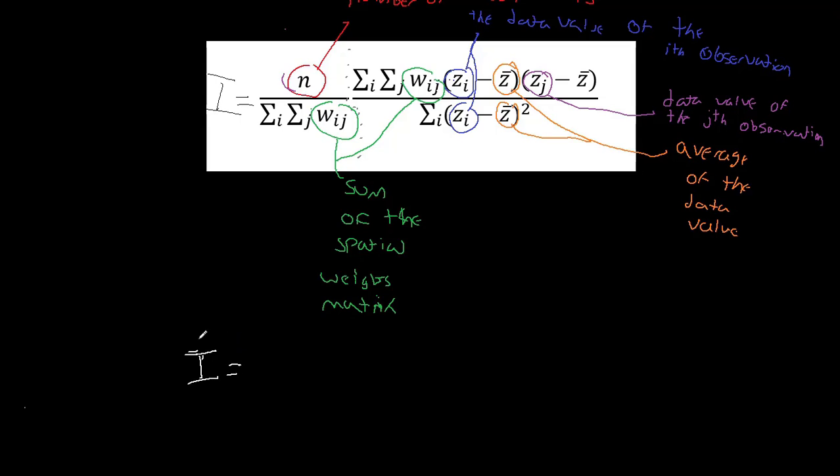So how do we actually interpret Moran's I? Well, the larger the Moran's I, the more important spatial autocorrelation is in the data set.